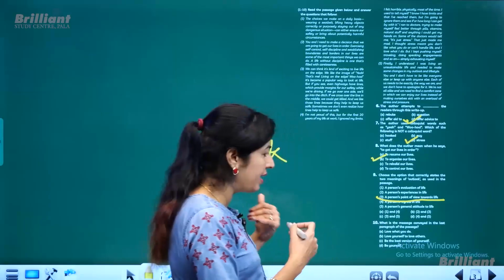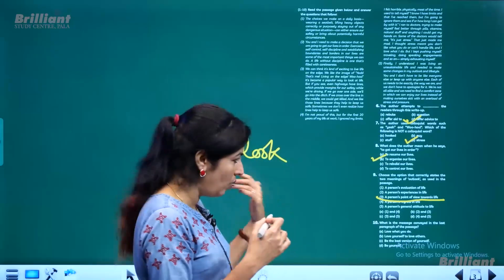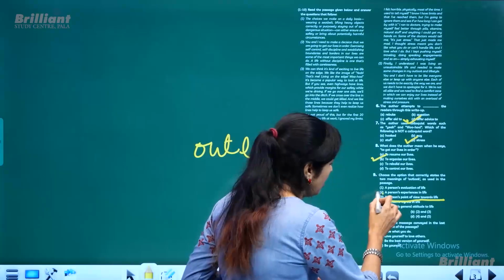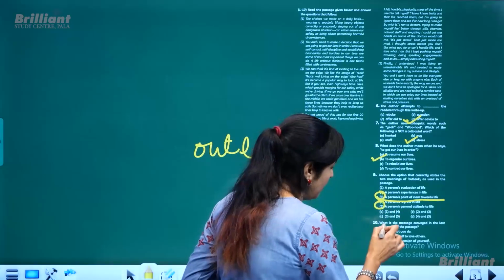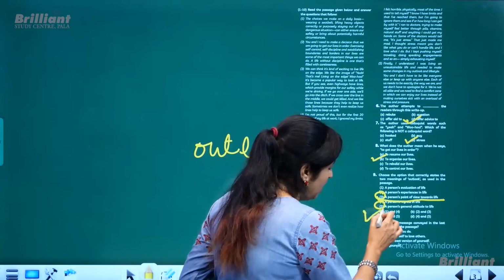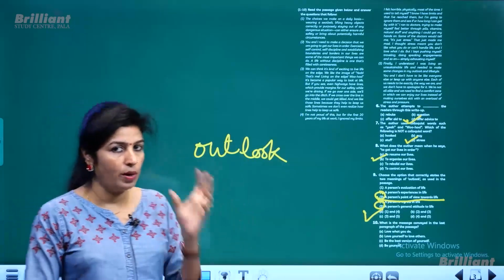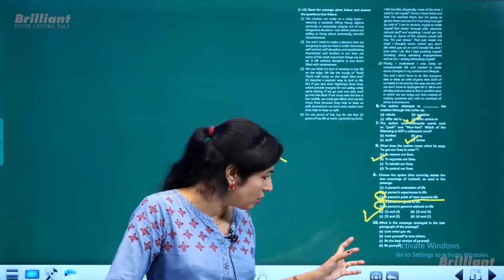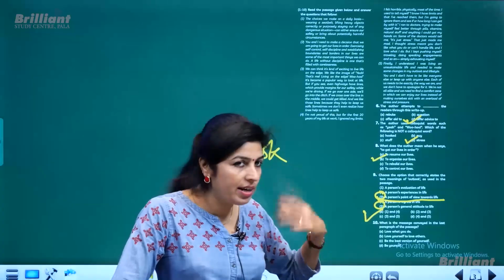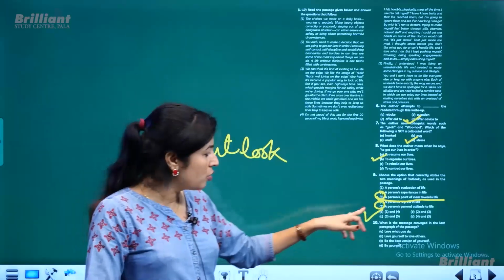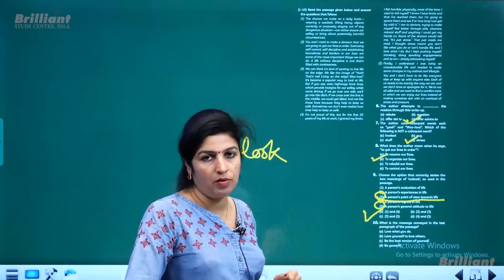Do we speak about regrets, like we feel sorry for what we have done? No. A person's general attitude also. That means 3 is also possible, 5 is also possible. That means option number C, 3 and 5. So these 2 points mean we have a point of view regarding life, and we also have a kind of general attitude towards life. So option number C is 3 and 5 statements.